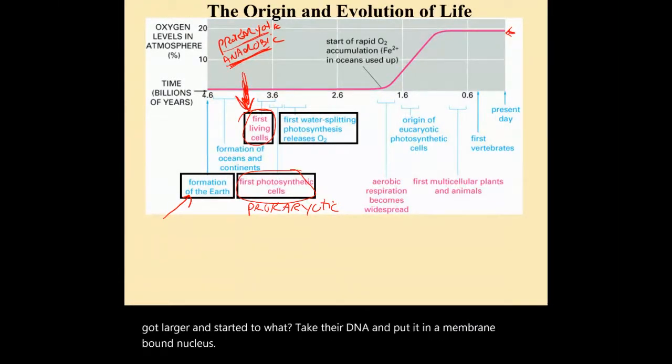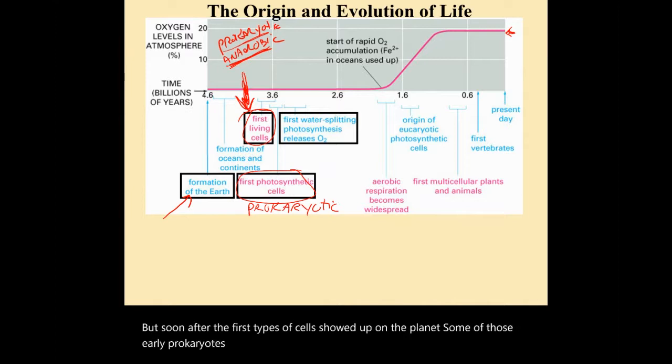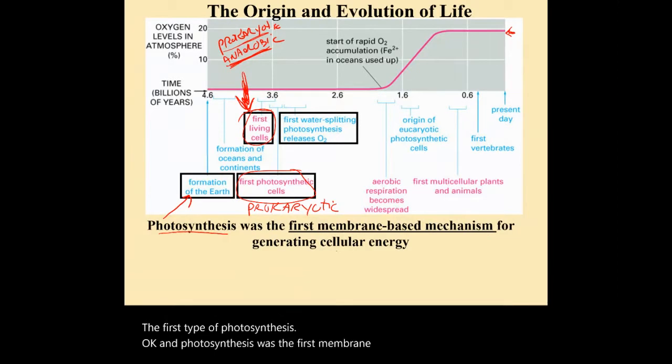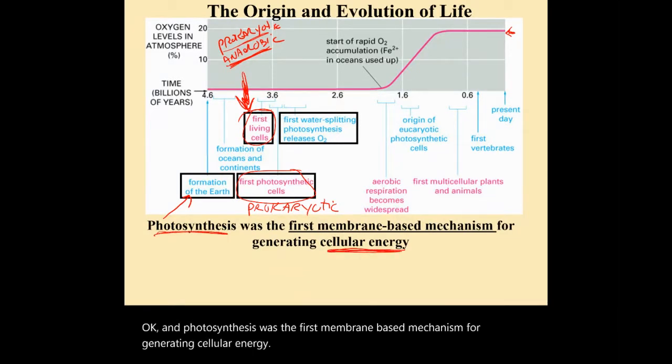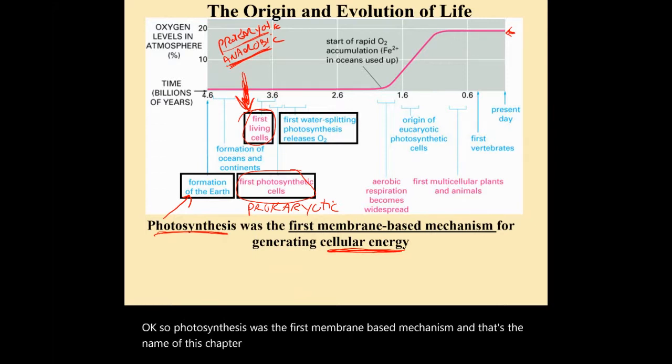But soon after the first types of cells showed up on the planet, some of those early prokaryotes figured out how to do photosynthesis, correct? Because you see where that is. The first type of photosynthesis was the first membrane-based mechanism for generating cellular energy, and that's the name of this chapter: membrane-based mechanisms for developing cellular energy.